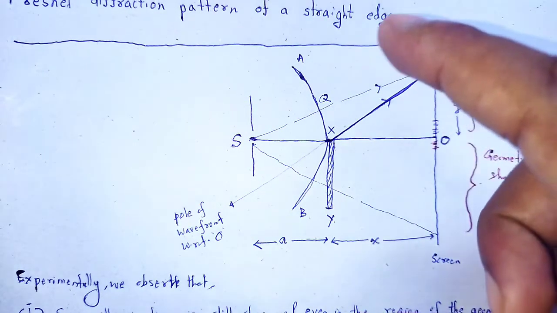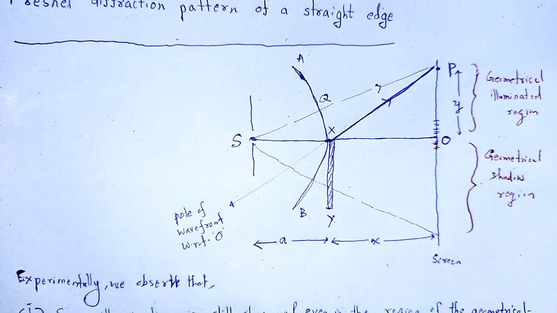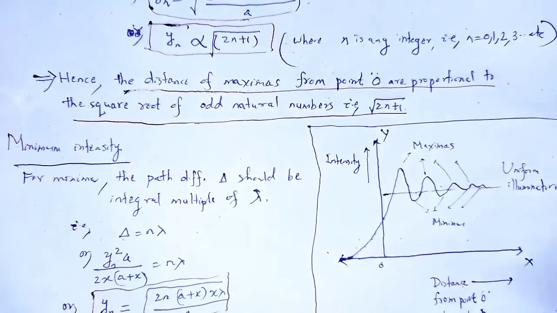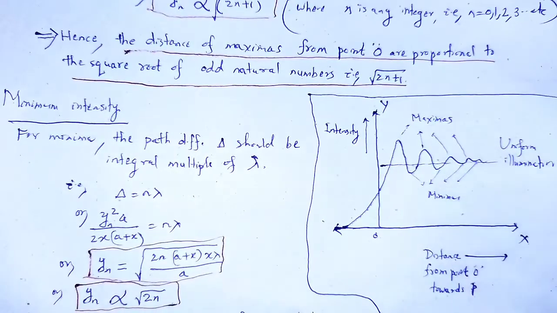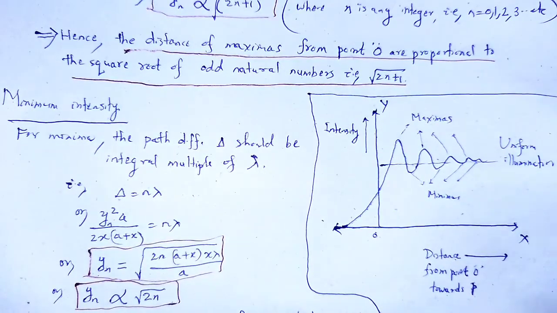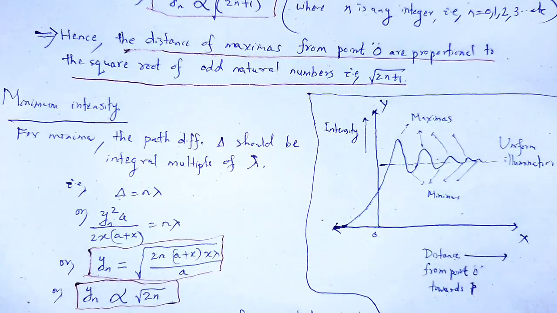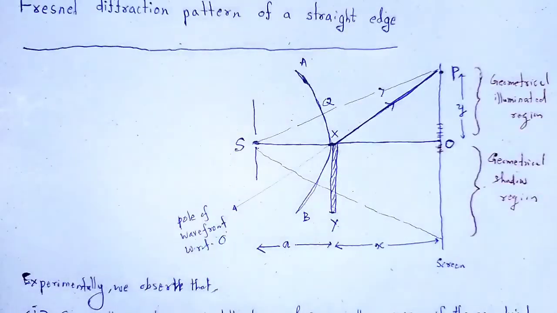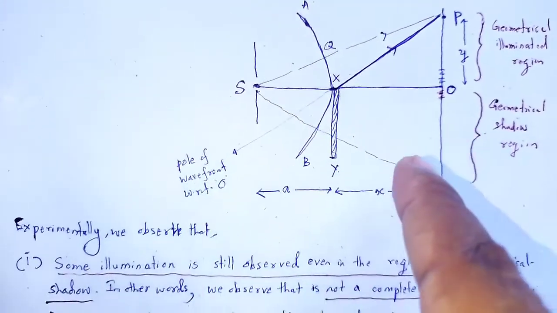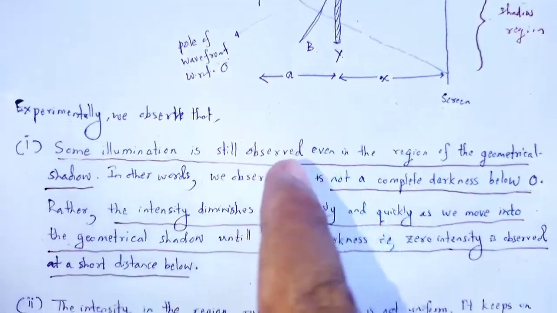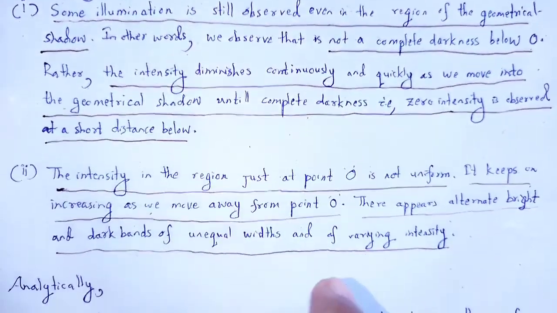So, that type of diffraction pattern we observe on the screen in case of a straight edge. With the help of this video lecture, you understand the Fresnel diffraction pattern of a straight edge. Experimentally, we conclude these two points.